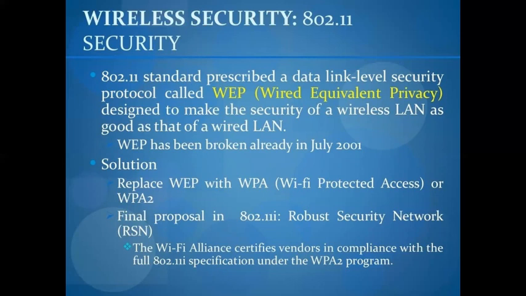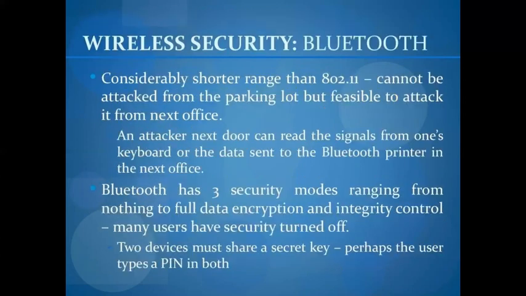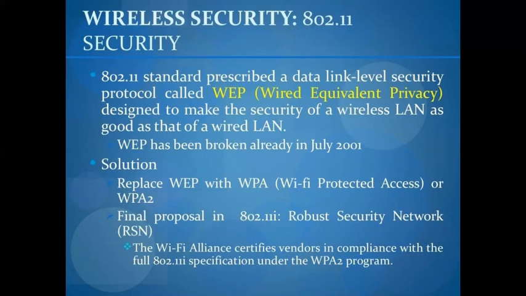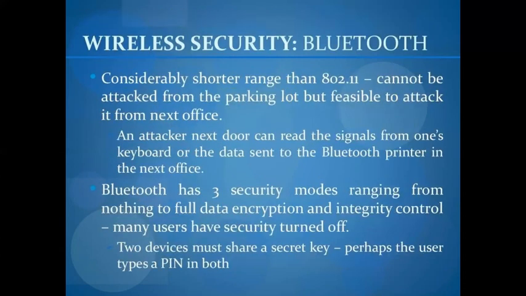The final proposal in 802.11i is robust security network, RSN. The Wi-Fi Alliance certifies vendor compliance with the full 802.11i specification under WPA. So we studied this in this lecture. The next part, wireless security for Bluetooth, we will study in the next lecture.